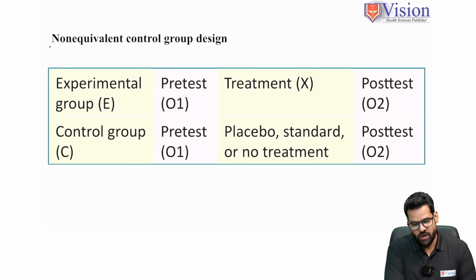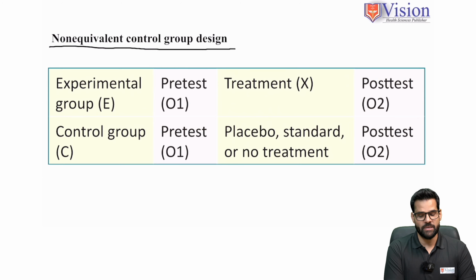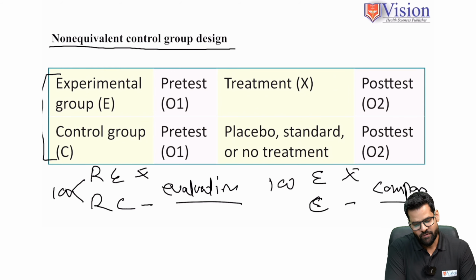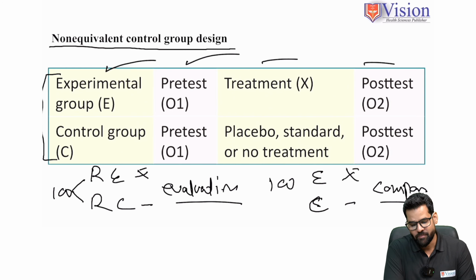Now, if you talk about the non-equivalent control group design, as you can see, it is the same as the pre-test, post-test control group design as we have seen in experimental research. The only difference is that we are lacking randomization. So here we have an experimental group, a pre-test, a treatment, and a post-test. This kind of design we call a non-equivalent pre-test, post-test design.